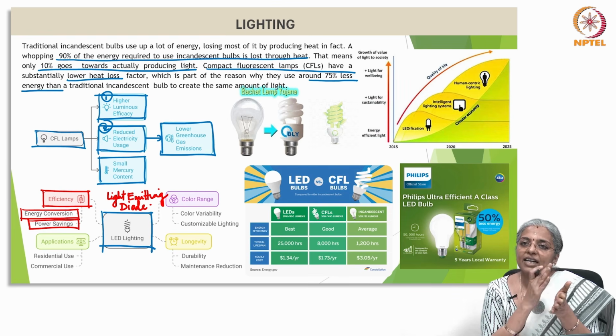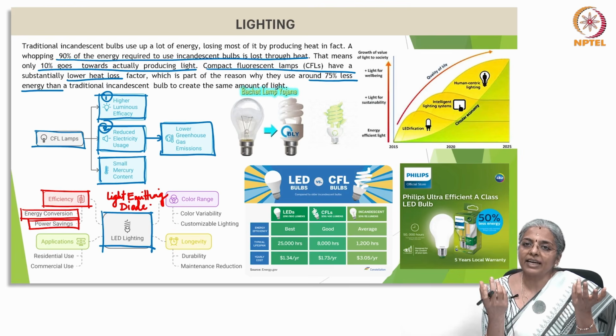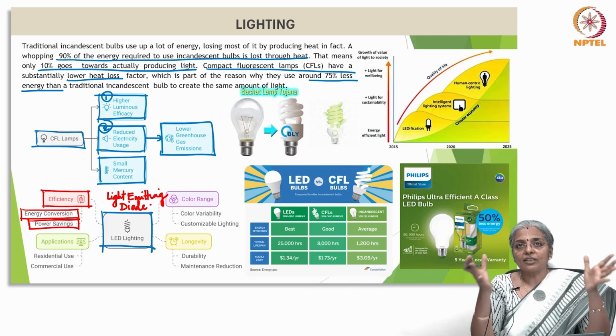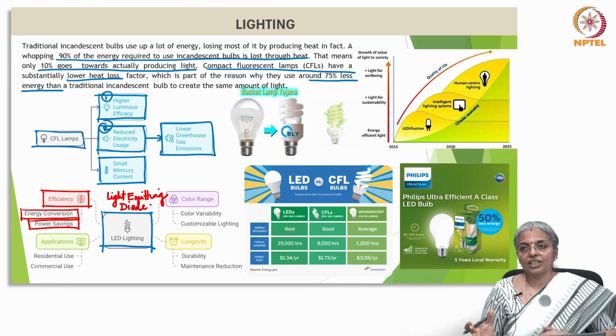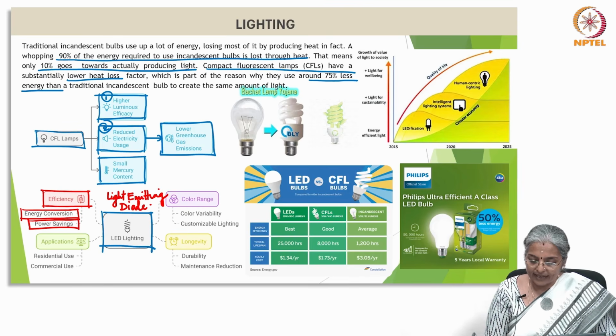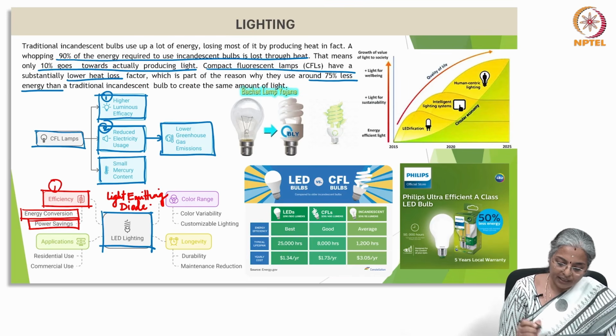So, LEDs are directional light sources and they emit light only in specific directions, as opposed to incandescent and fluorescent lights which emit light in all directions, because the heat is also generated in all directions in the regular incandescent bulbs. So, LEDs are more efficient.